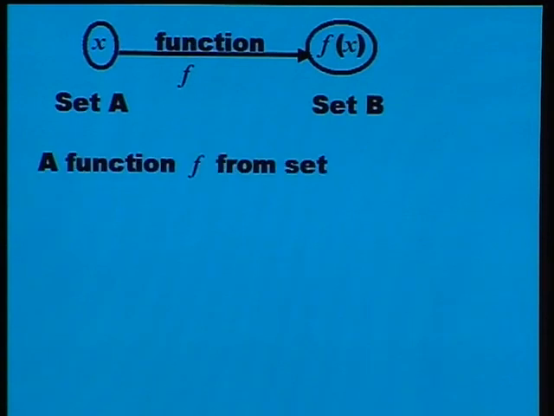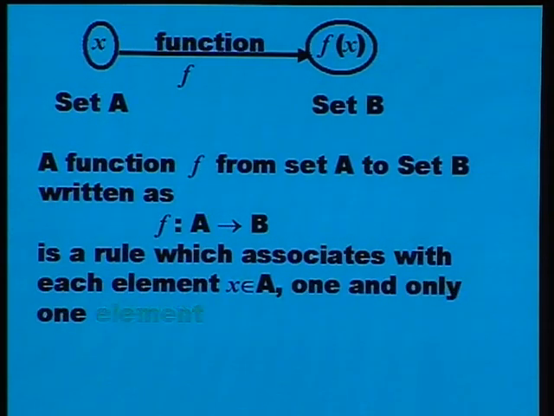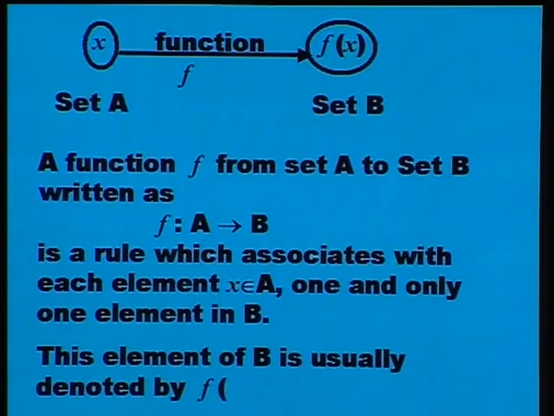Suppose that we have a function f from set A to set B, written as f from A to B. It is defined as a rule which associates each element x of the set A, one and only one element of B. So we have set A, set B. f is a function from set A to set B. Function f must associate with each element of the set A one and only one element of set B. So one and only one element of set B is associated with each element of set A. The element of set B is usually represented by f(x).